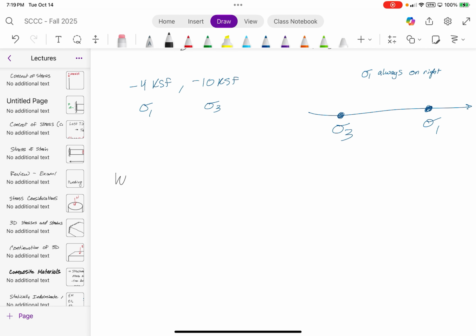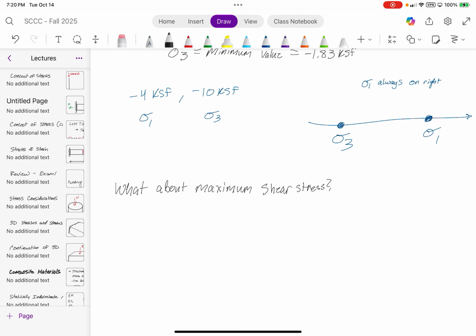But what about the maximum shear stress? Right, because that's also going to be a design factor. We want to determine what the maximum shear stress in the material is going to be. You guys would agree with me on that, right? So this maximum shear stress, we don't know.